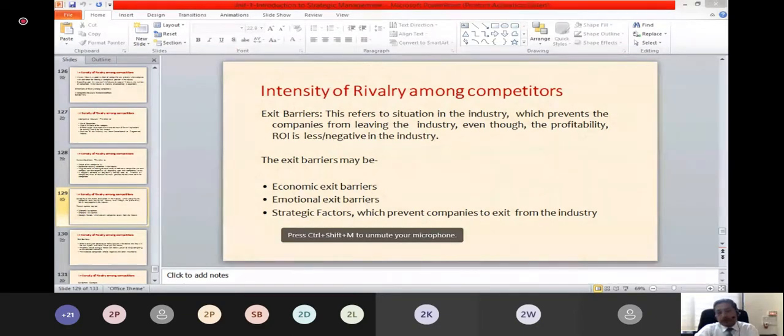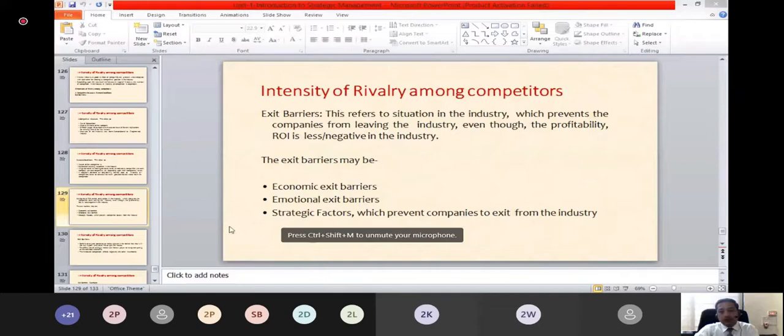What types of exit barriers can be there in a particular industry, that we will have to understand. There can be different exit barriers. One of the exit barriers may be economic exit barriers. It becomes very difficult for a company to leave the particular industry because of economic reasons. We'll see some examples in the next slide so that you will understand it better.